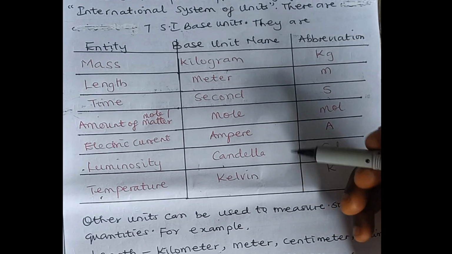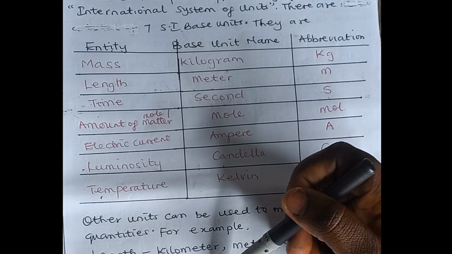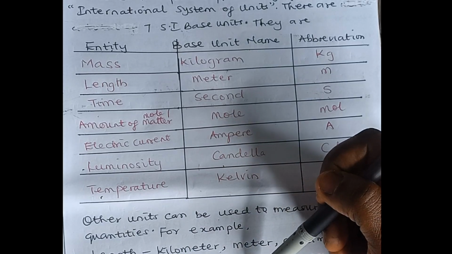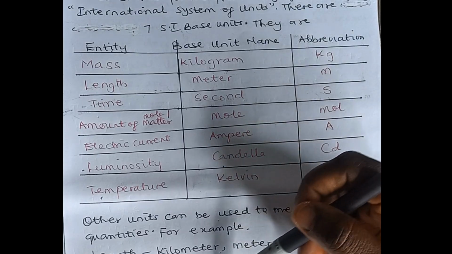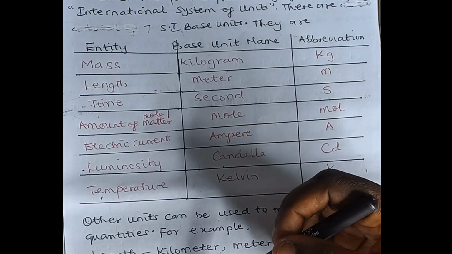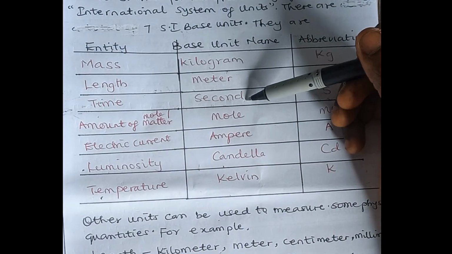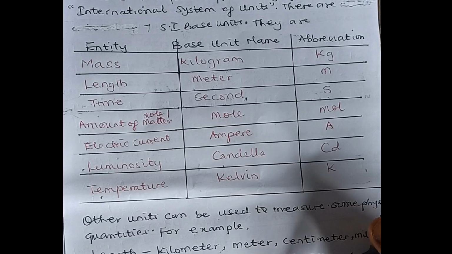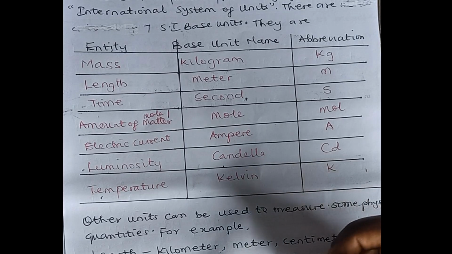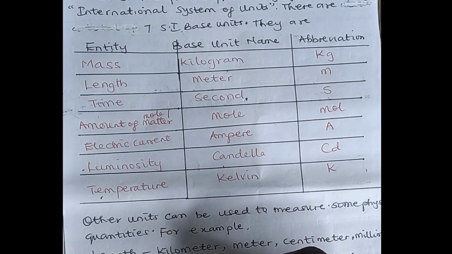This is a very important or crucial aspect in science. You must be able to convert. Now, capacity is also the volume. We have kiloliter, liter, and milliliter. The same relationship occurs here. Another one is time. The fundamental unit is second, but other units were derived from second, and they are minutes, hours, days, week, month, year.